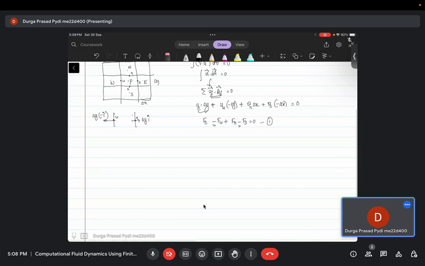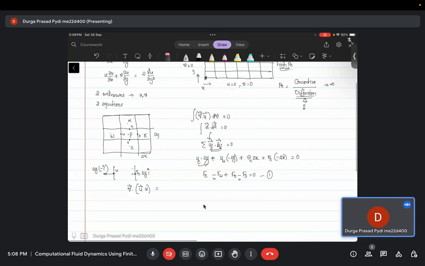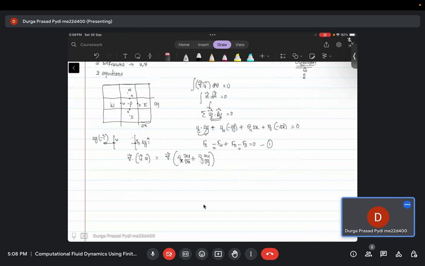So when we go to the momentum equation, we have del dot (rho u u) essentially given as del dot (mu x del u del x plus mu y del u del y), where however in this particular case we have mu x to be 0, mu y equals mu.